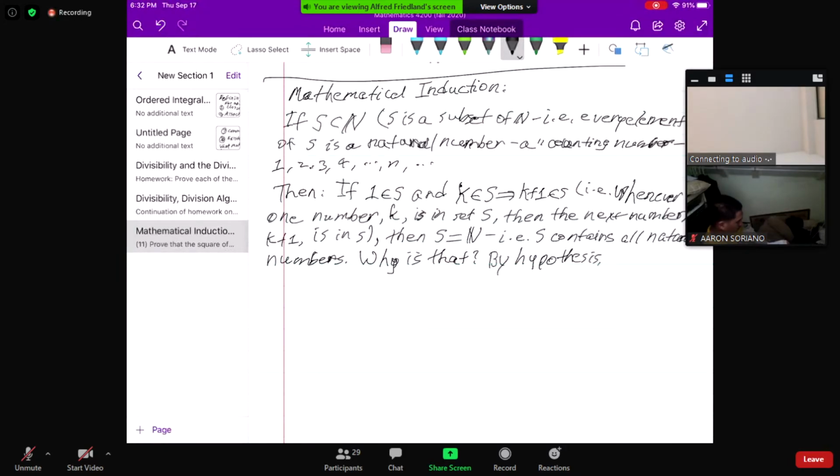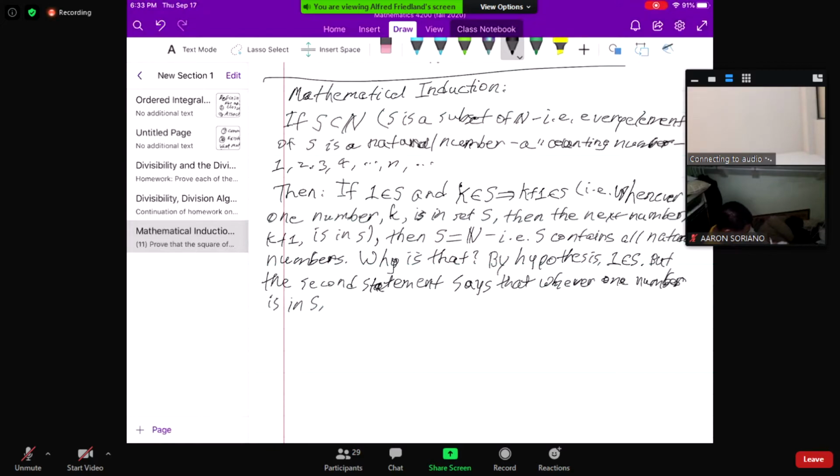That's what's given. 1 is an S. But the second statement says that whenever one number is in S, the next number is an S. Over here at the top, if K is an S, K plus 1 is an S. That is, whenever one number K is in set S, then the next number K plus 1 is an S. So it says that whenever one number is an S, the next number is also.